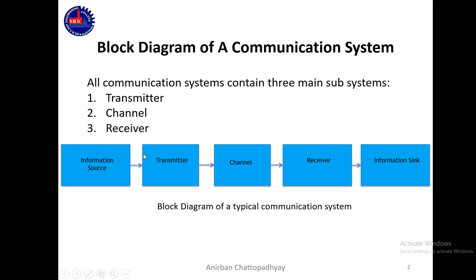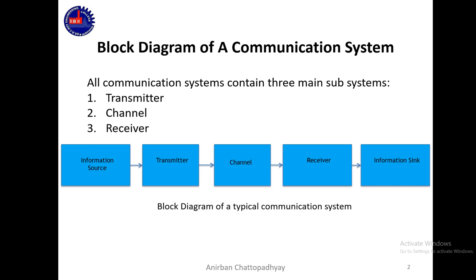First, we know that a communication system serves to communicate a message, or information. This message or information originates from the information source. Let us assume our message signal is an audio signal.